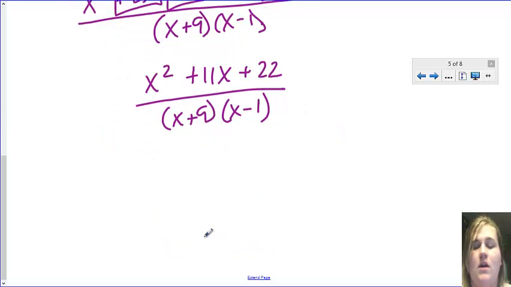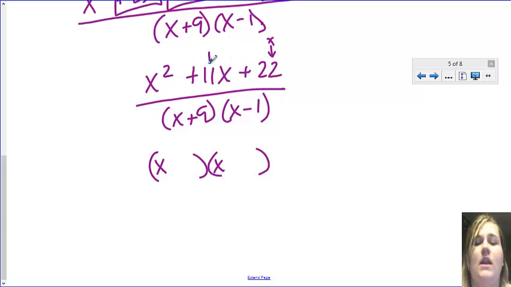Now, you might think that we're done here, but it's probably a good idea for us to try and factor this trinomial, because remember, when we see a trinomial, we have to think to factor. So I'm going to split up my parentheses, split x squared into x times x. I need something that multiplies to get 22 and adds to get 11.